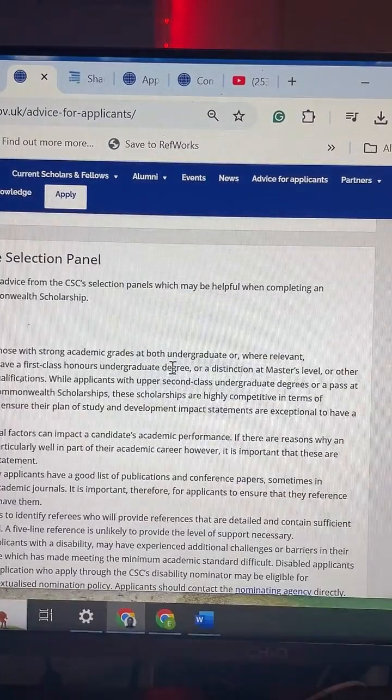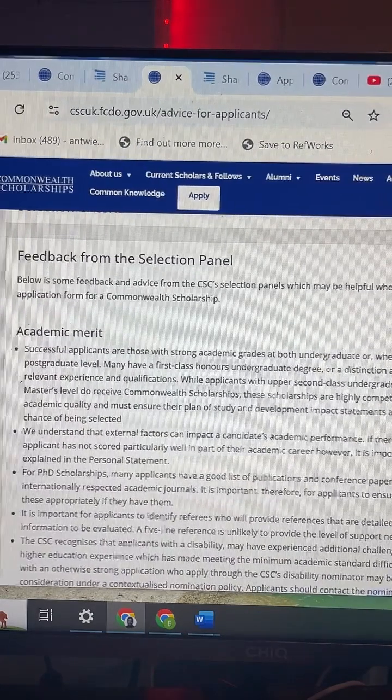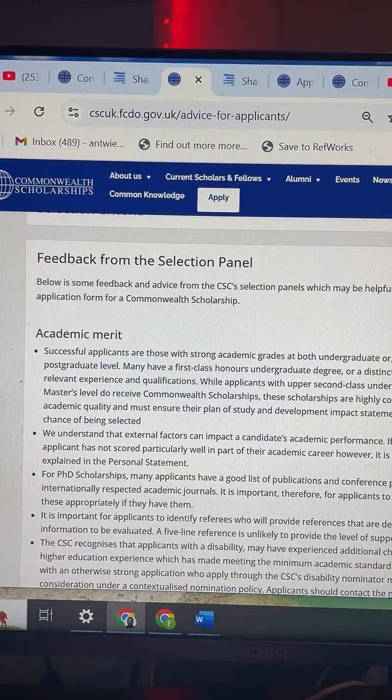Are there any other specific questions? Okay, if there are none, let's look at some of the feedback from the selection panel to guide us in writing our essays. So this is from the scholarship panel.